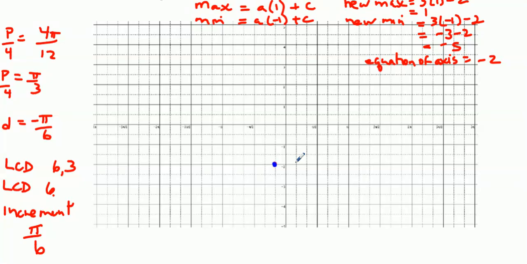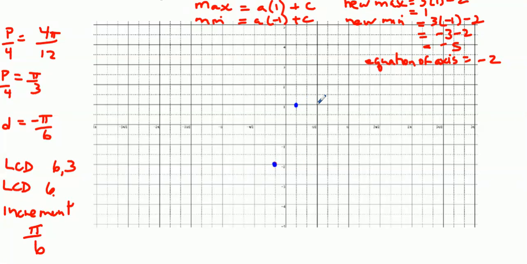And I have to go to my max, because sine goes from the equation of the axis to max, back to the equation of the axis, back to the minimum. So over 2, and I'm going to go up to my max, which I have said is, what, 1. I'm going to go over to 1.